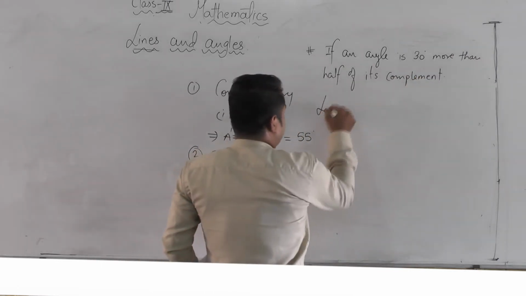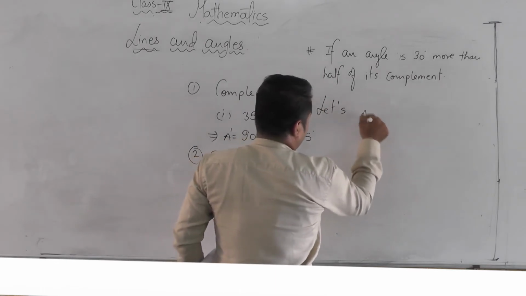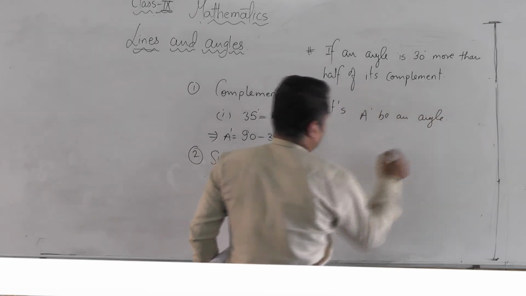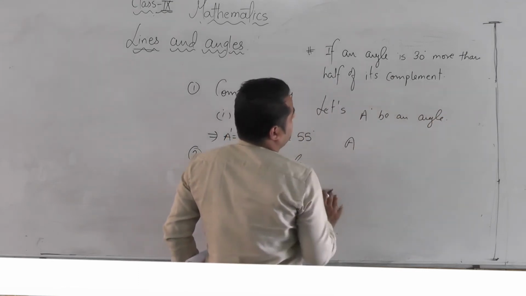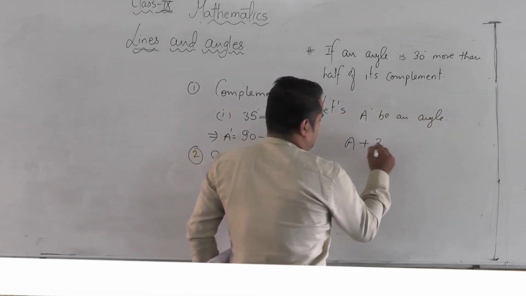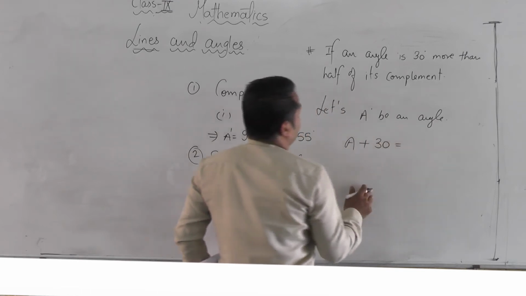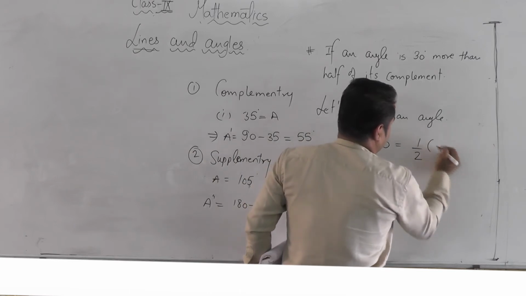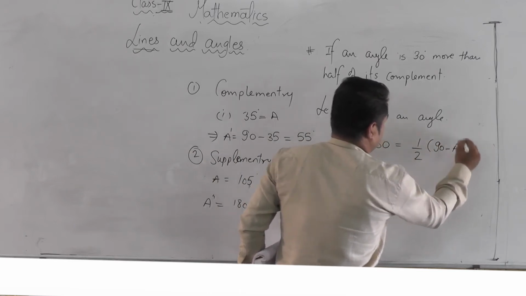Let's assume an angle. Let A degree be the angle. So that A is 30 more than half of its complement. So its complement would be 90 minus A. Right?